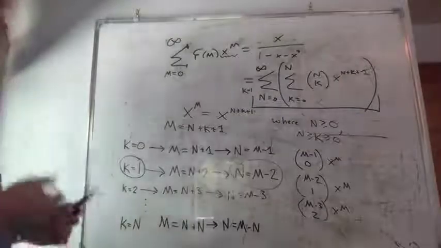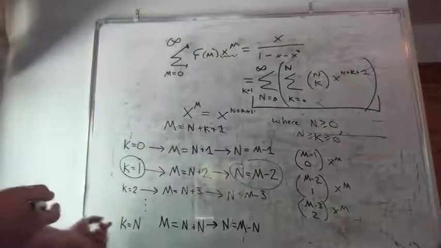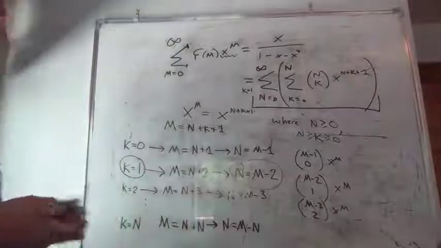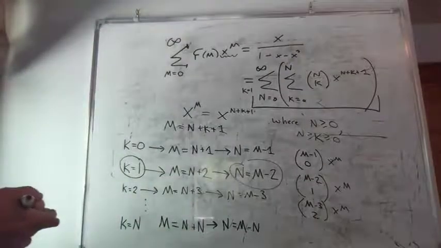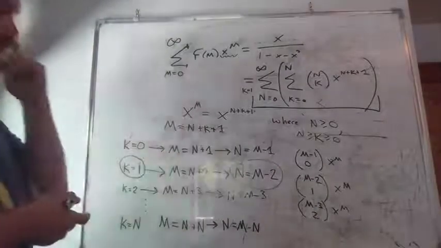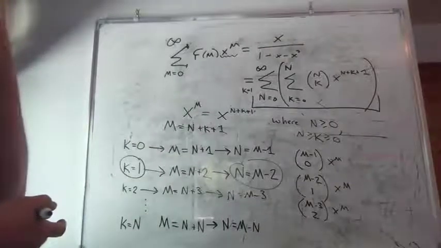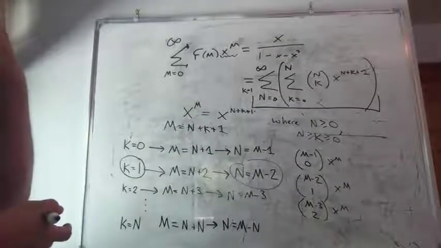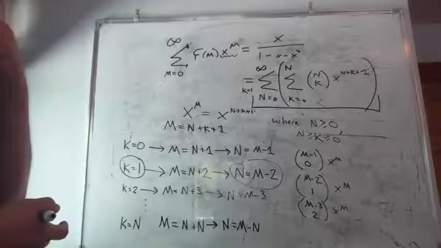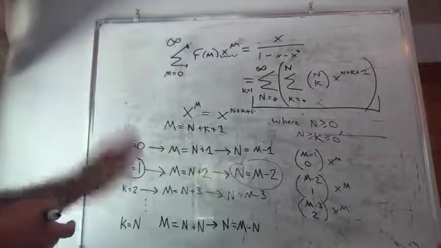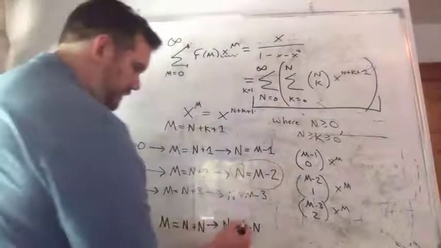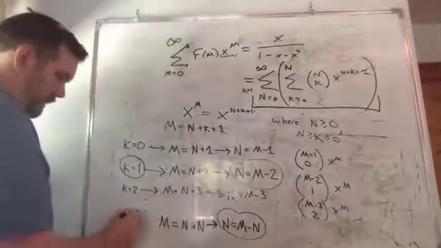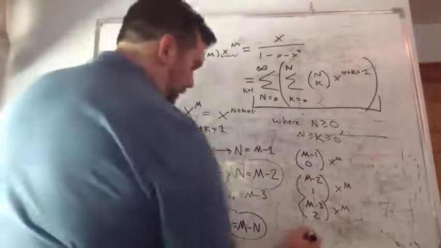So let's think about whether or not we could even get to here. I'm looking at k being n. Does this make sense? It does, sure. I'm being silly. It makes sense.